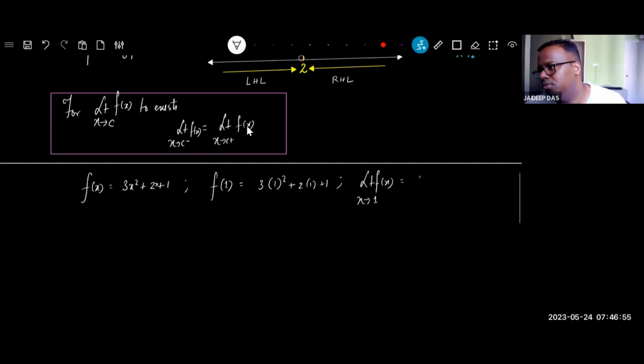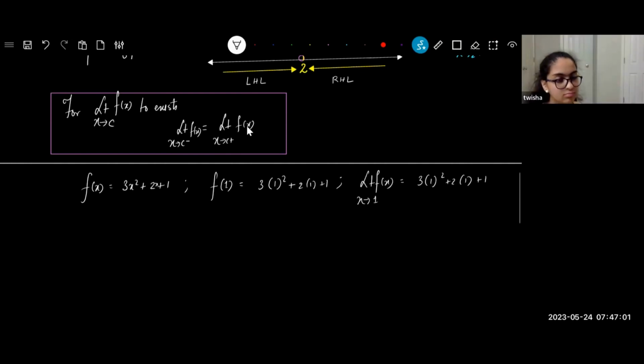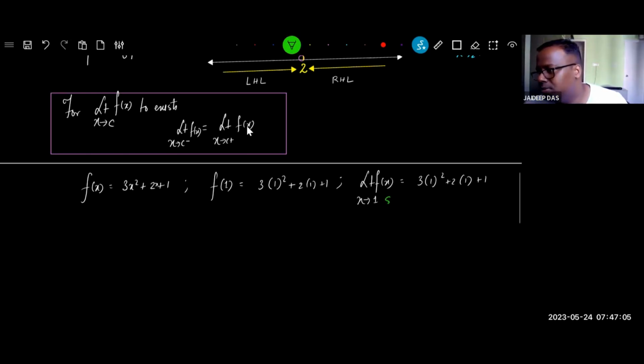You say that the value is nothing but 3 into 1 squared plus 2 into 1 plus 1. It's just the same. So in limits, we substitute the tends-to value, as long as you don't land up in an indeterminate form.